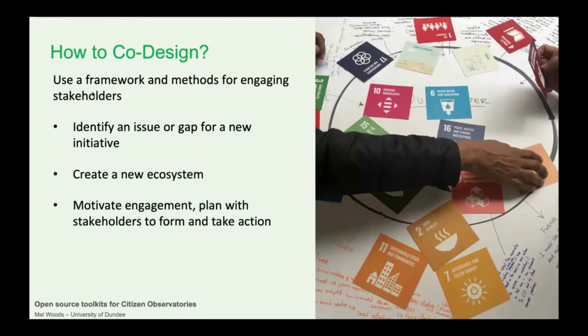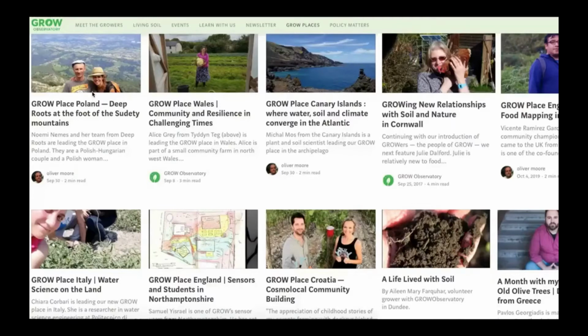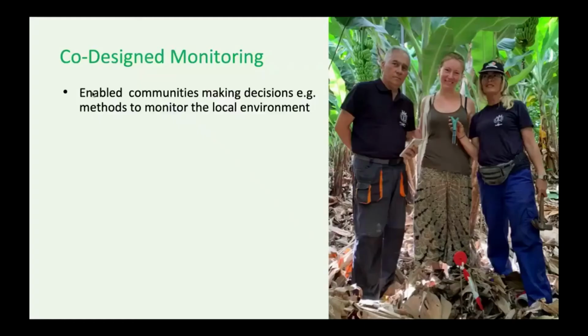We motivate and engage and plan with stakeholders to form and take action, and we identify what those actions might be collaboratively, and then we find the right team in order to underpin the observatories. And here you can see an example of some of the variety of communities that we involved in GROW, all of the places that they engaged from, and the stories that they started to tell about their journey along with us.